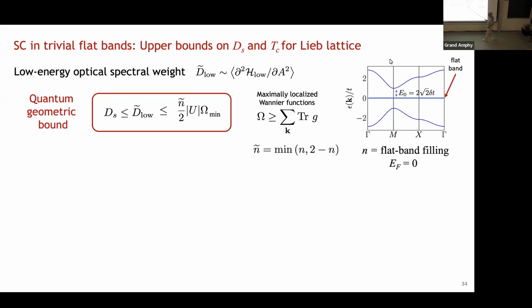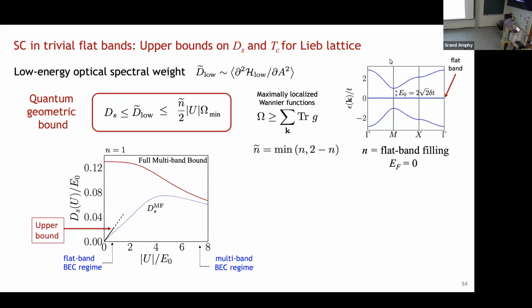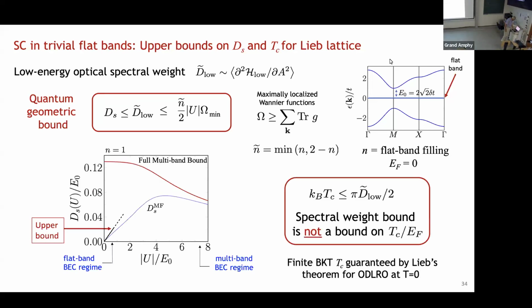So we have an N-tilde, which says it vanishes when either the flat band is completely filled or completely empty. And then the stiffness, or all transport, occurs only because of the spread of the Wannier functions, and that is bounded by the trace of the quantum metric. So we have a quantum geometric upper bound. Now, we can only compare it to mean field theory, but let's not worry about that. I want to say something very important.